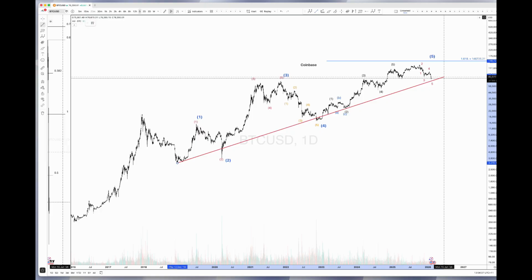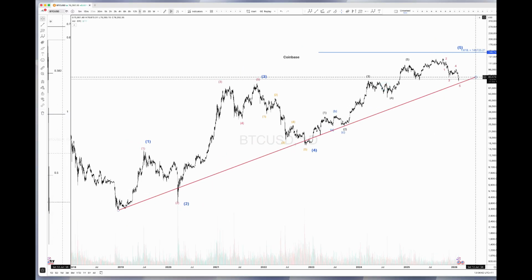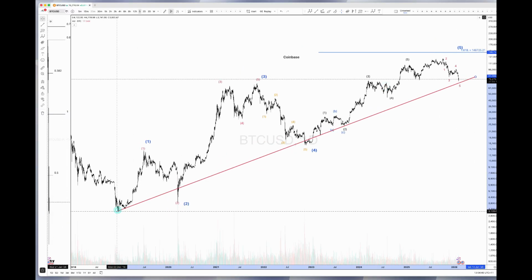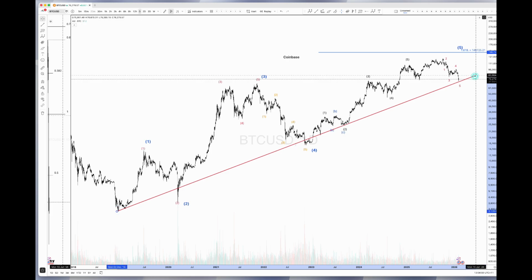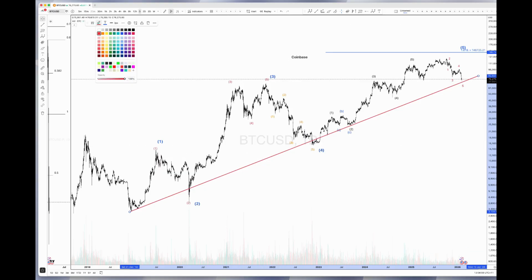Would you argue with that? Best fitted line, give or take, is that. Let me just finish that. So that's our trend line.